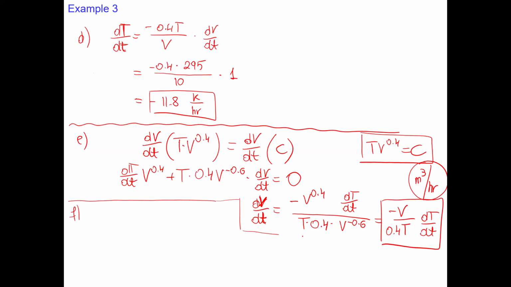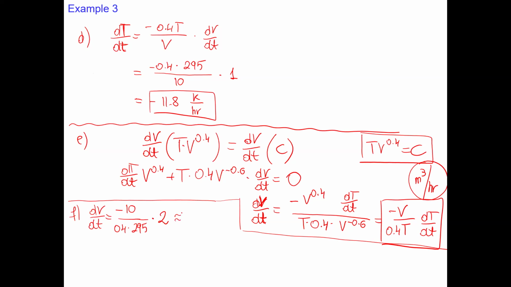And this is a nice question. You probably recognize the rate of change of the volume with respect to time equals negative volume, which is 10, over 0.4. Temperature was 295, and the rate of change of the temperature was 2 kelvins.